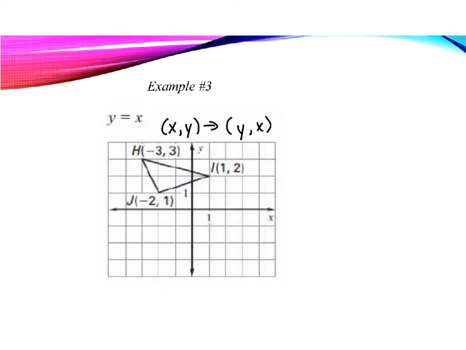In this example, we were asked to use the reflection rules and reflect across y equals x. So this is our rule for reflecting across y equals x. If we have the point (x, y), to get the reflection of (x, y), we switch the two values. It becomes (y, x). I'm going to draw in this line we are reflecting across. y equals x is this line right here.